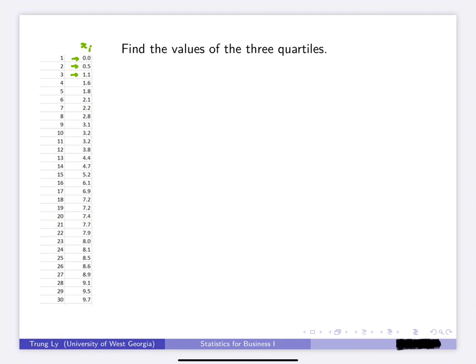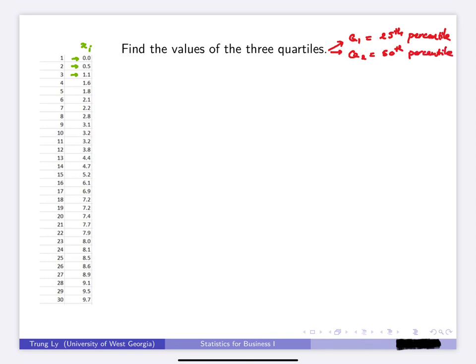We would like to find the values of the three quartiles. And I haven't talked about this, but in any data set, there are three quartiles. We have the first quartile, which is denoted by Q1, and it's the 25th percentile. The second quartile, which is denoted by Q2, is the 50th percentile.